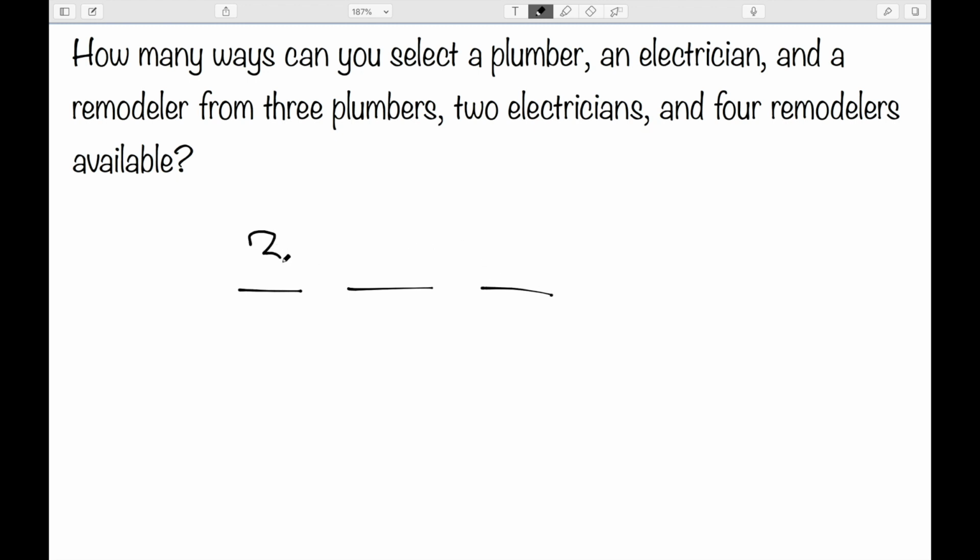There are 3 possible ways to do that. We then need to select an electrician. There are 2 ways to do that. And we need to select a remodeler. And there are 4 ways to do that. And then we multiply. 3 times 2 is 6, times 4 is 24. So there are a total of 24 different ways to select these 3 people.